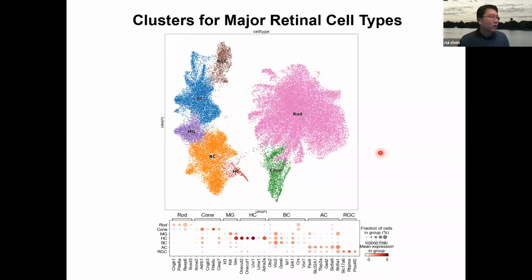Nevertheless, we clearly have very distinct clusters, and these are a few known marker genes included in the panel and their gene expression. As you can see, they're quite distinct. Based on the markers, we are able to annotate each cluster. We are glad to see that even for rare cell types like horizontal cells and RGCs, as I mentioned, only 1 or 2% of the retina, we're able to clearly identify enough of them.